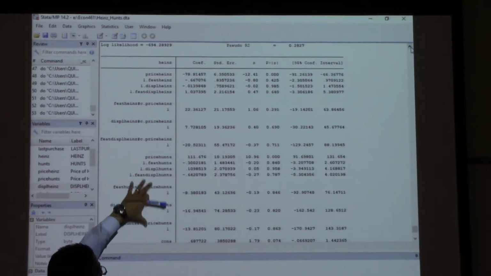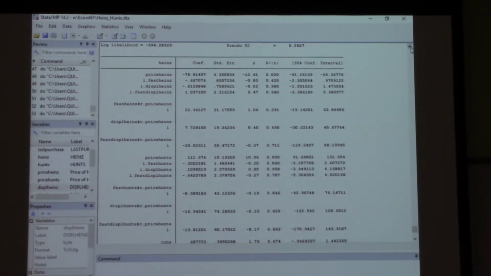Looking at all these dummies is pretty easy because dummies are pure shifters. They're shifting it out for promotion by Heinz. They're shifting it back for promotion by Hunts. Looking at dummies is easy. Looking at this cross price effect is a lot more difficult.